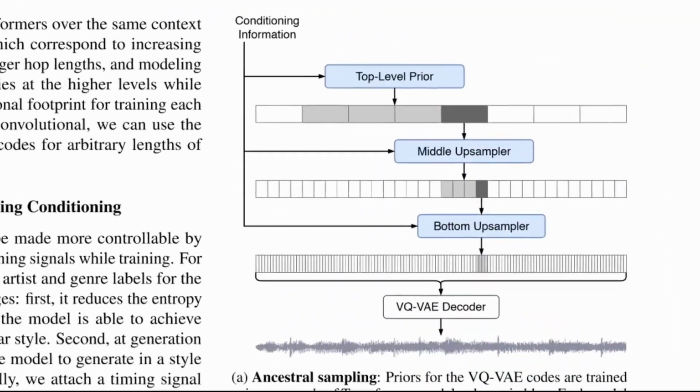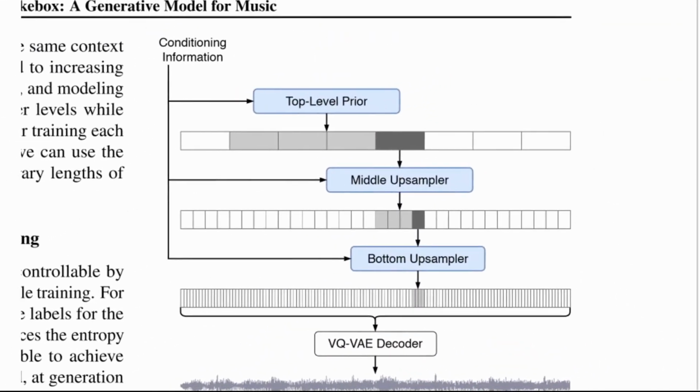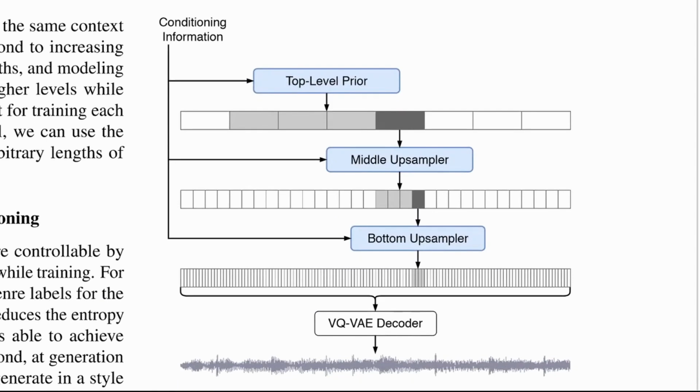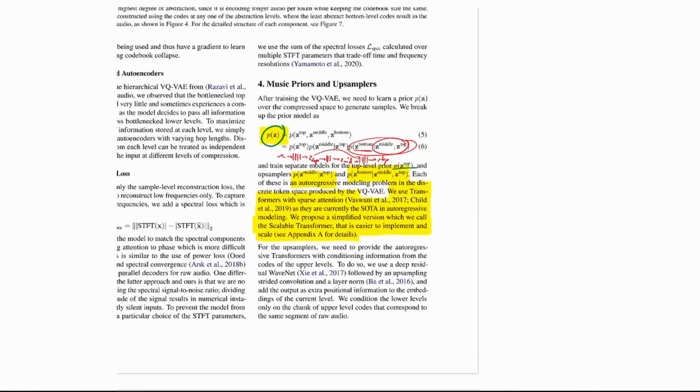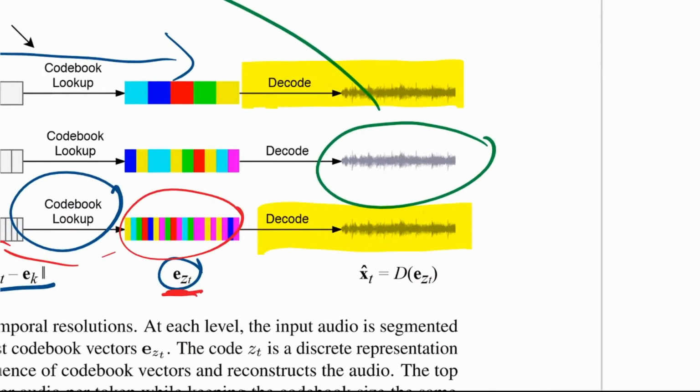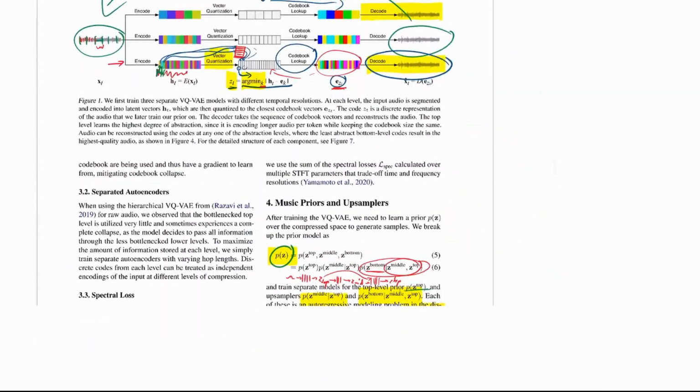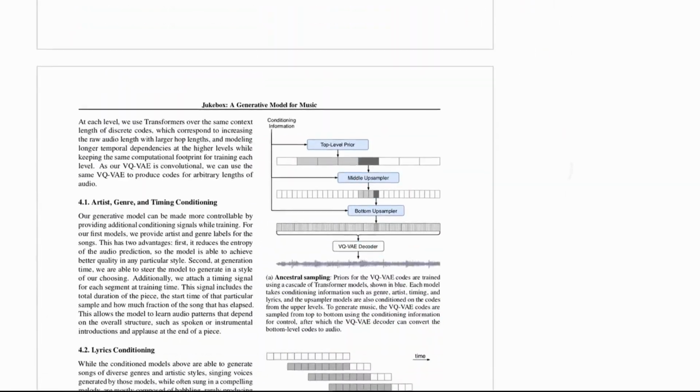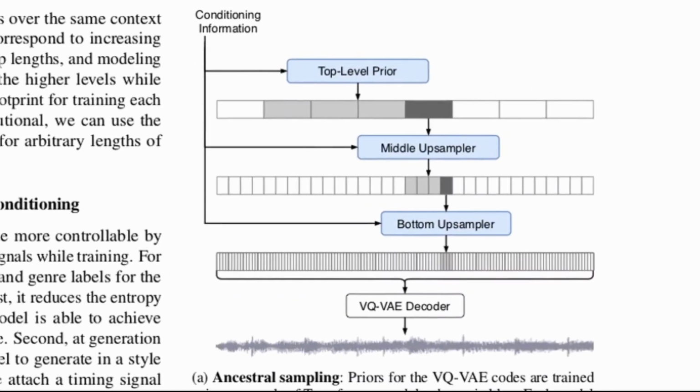And we do this through these upsamplers. So what we'll target actually is this bottom one. We target this one because this one gives us the best quality music, right? Because it was trained with the shortest time scale. We're going to try to take the other signals and influence it.